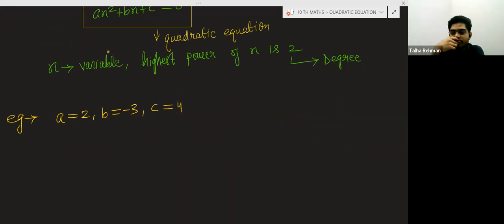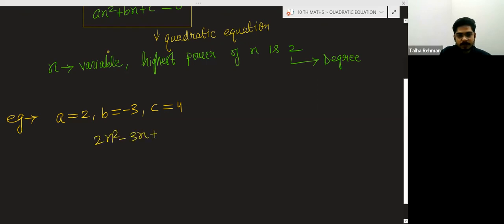So how will you form the quadratic equation? It will form ax square plus bx plus c, so it will become 2x square minus 3x plus 4 is equal to 0.